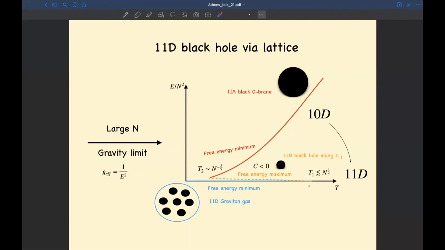Again, there should be at some point a passage to an unstable phase, which could be thought of as an 11-dimensional black hole localized along S1, which also has negative specific heat. And again, there is a transition to type 2A at temperature T2. This is understood as a Gregory-Laflamme instability in this case.